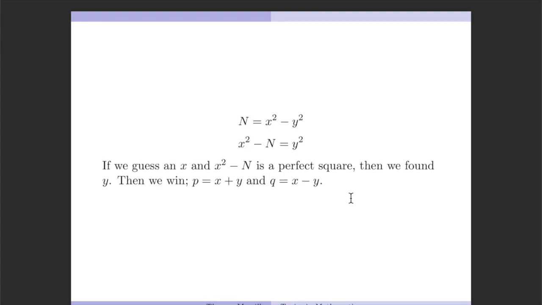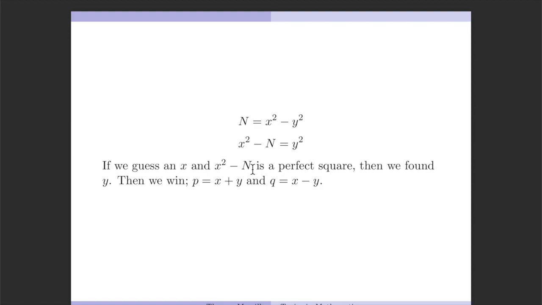Fermat's idea says, let's take this expression, n is x squared minus y squared, and rewrite it. So here I've got the small number y squared, and that is equal to x squared minus n. And Fermat says, let's just guess an x and test it. We can just calculate x squared minus n, and maybe that is some perfect square.